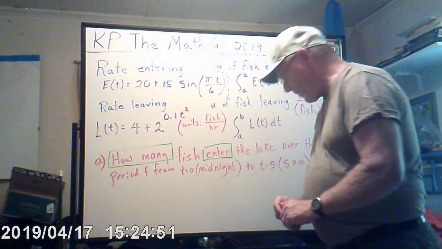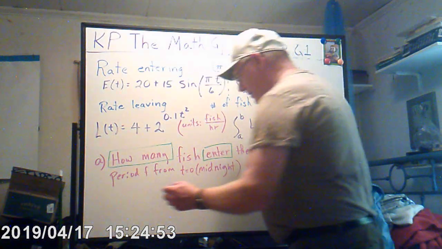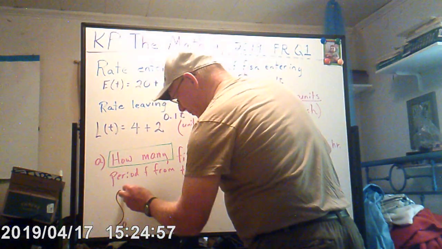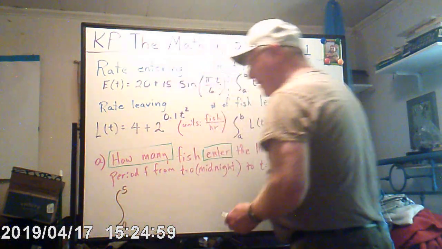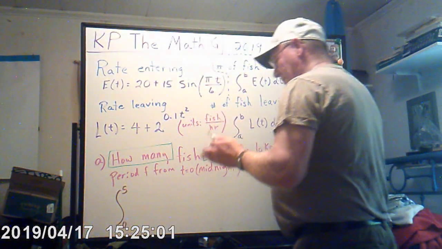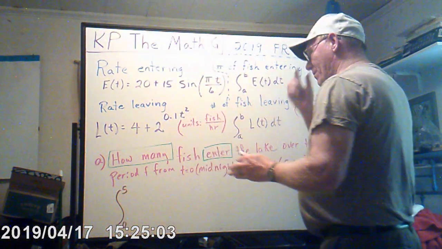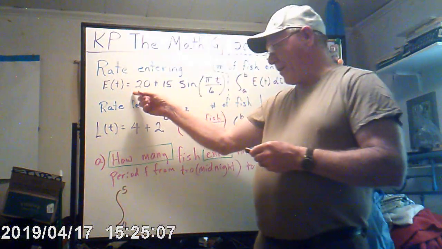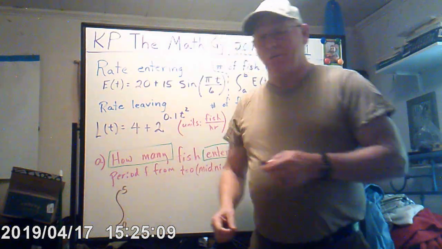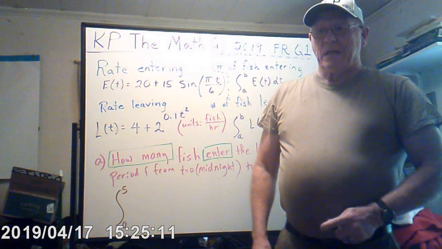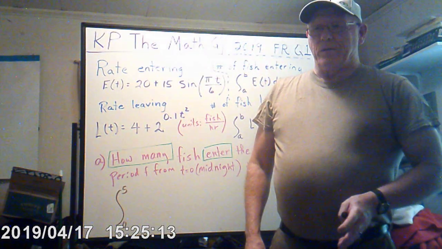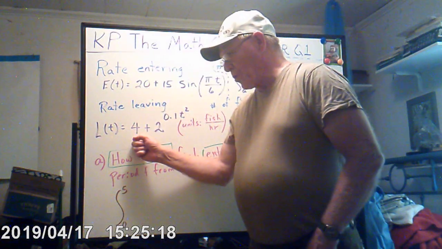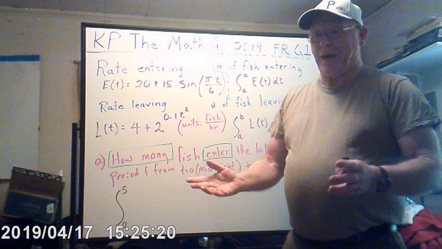Let me see if I can find something to work with here. So we're doing a definite integral from 0 to 5. And now it would be nice if you were to put this in Y1 maybe, and put this in Y2. If you have a Y3, I've got a Y sub 0 and a Y sub 1, it doesn't matter.